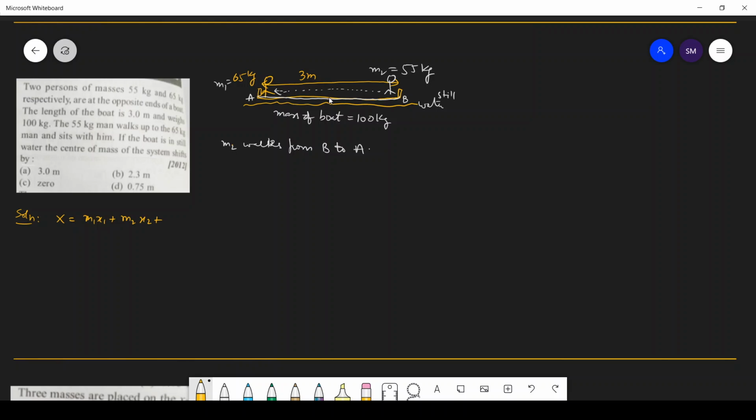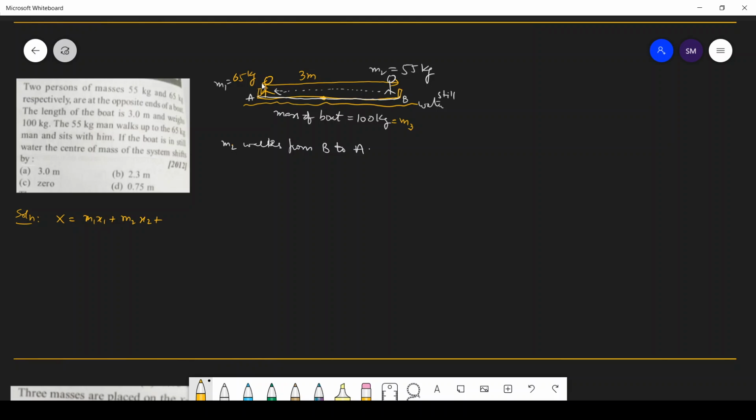This boat has uniform density, so obviously its center of mass will be in the middle, right? So you can call this M3.